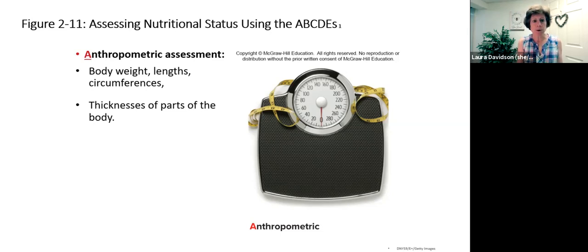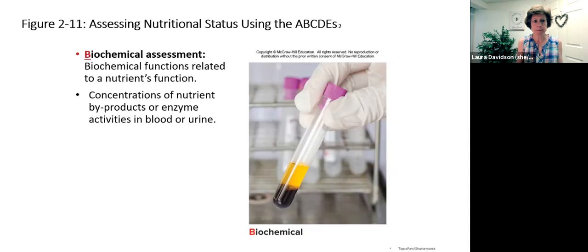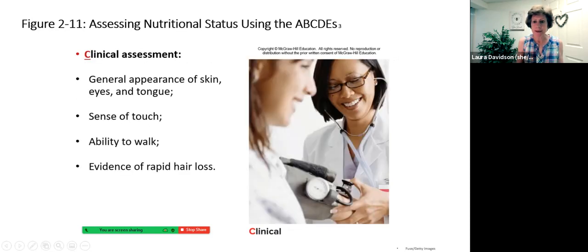Anthropometric measurements are body weight, length, circumferences. They are measurements. Biochemical assessment are the labs. Clinical assessment is looking at the patient, listening to them as well.